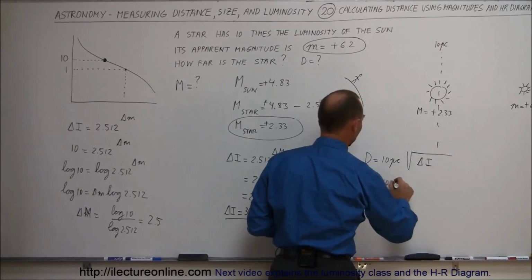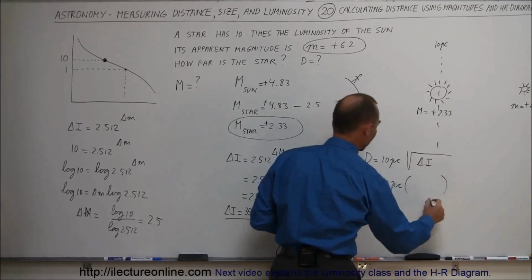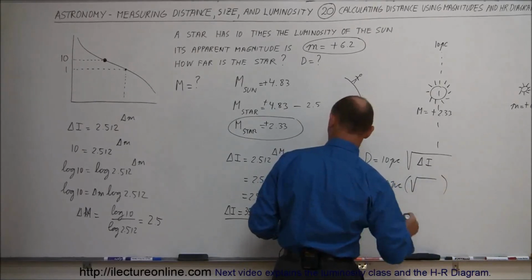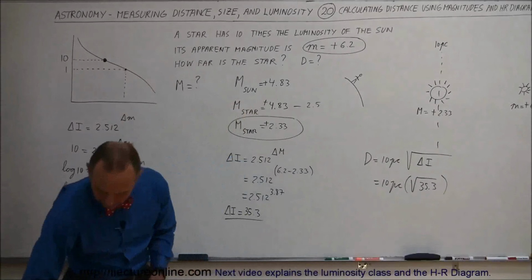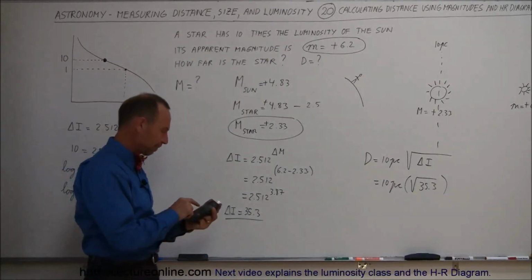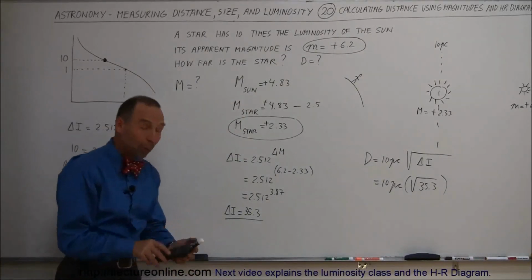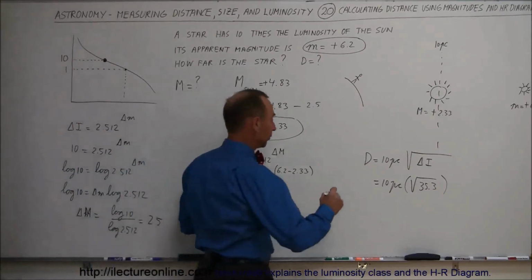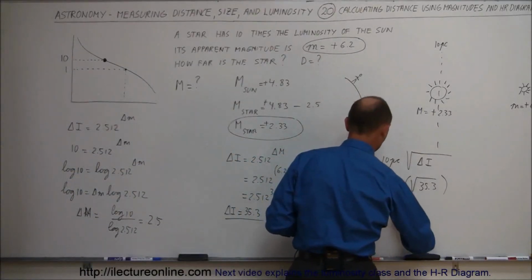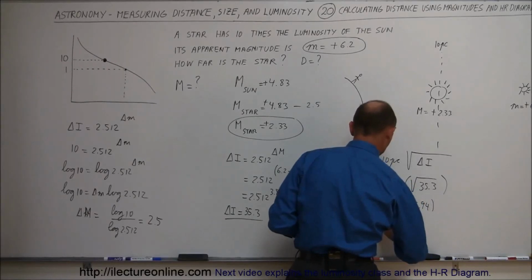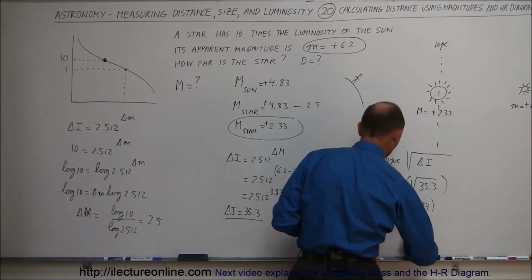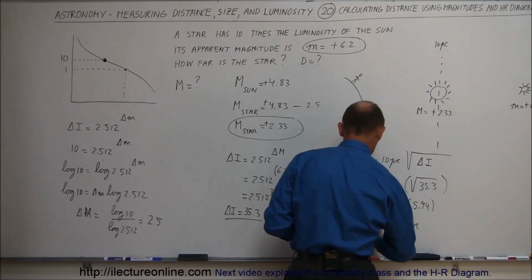So this is equal to 10 parsecs times the square root of 35.3. So now we take the square root of that, which is 5.94. So this would be 10 parsecs times 5.94, which means that star is 59.4 parsecs away.